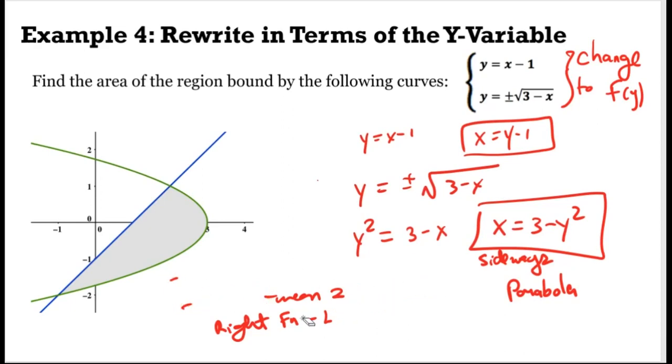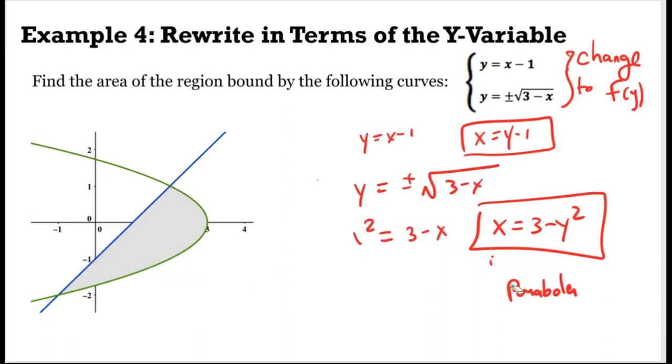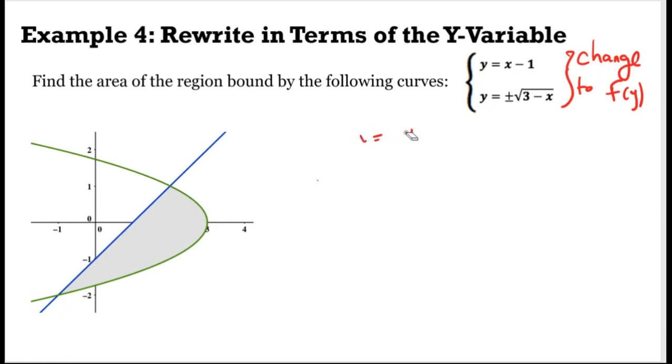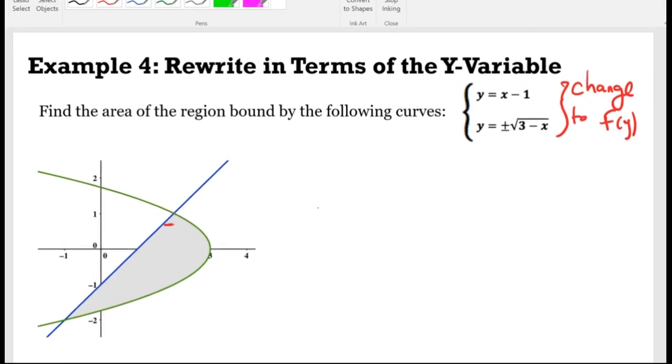So let's solve this problem now as a function of y. And we'll see that we only need one integral. How do we check how many integrals we need? Well, I tell you, draw Riemann rectangles in different positions of the shaded region to determine if there's a change. So if I draw a Riemann rectangle here, the right function is f of y equals 3 minus y squared, no matter where I draw that.